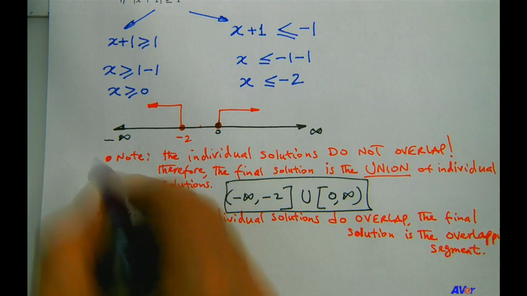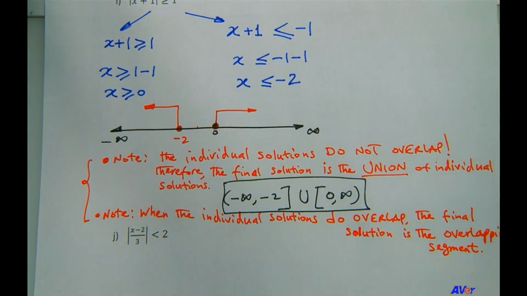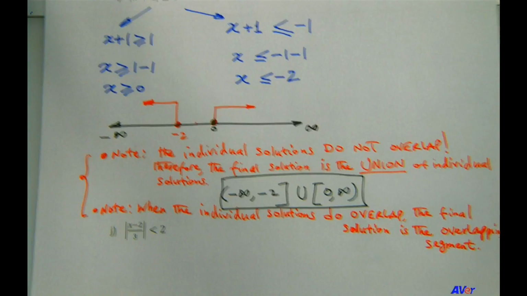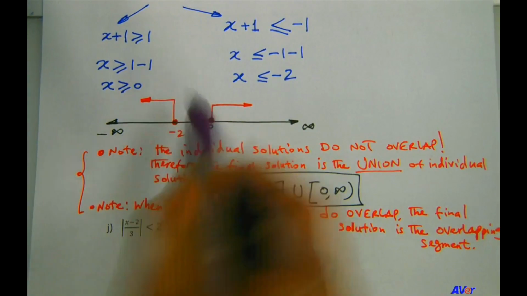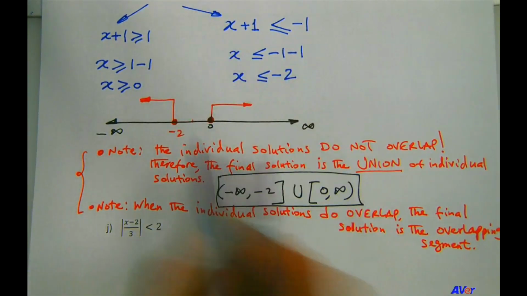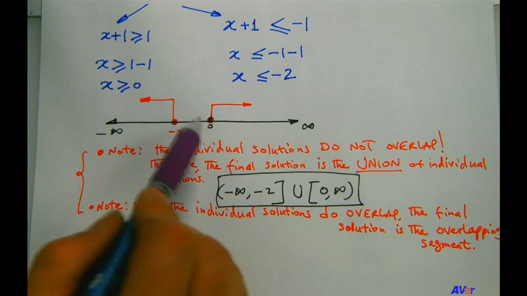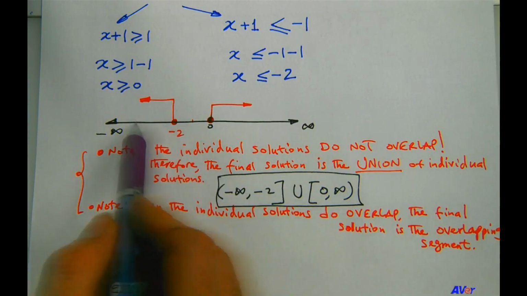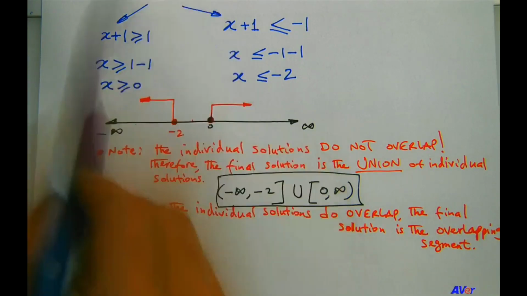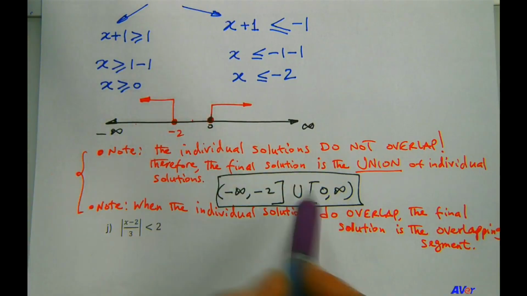This is very important, guys. I hope you take the time to carefully read this and remember it. So, in an absolute value inequality, if the individual solutions do not overlap, which is this case, then the final solution is going to be the union of both solutions, either this or that or both. That's the definition of the union.